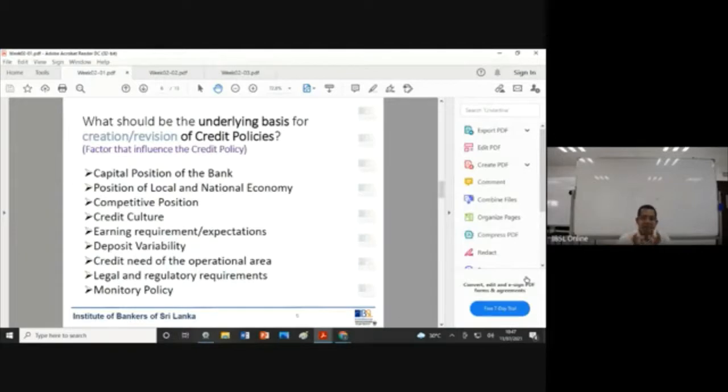Therefore, whatever capital we have, we give it to the best people. We may forego profits. We run on a principle called risk-return trade-off. Higher the risk, higher the return; lower the risk, lower the return. We call it risk-return trade-off, right?